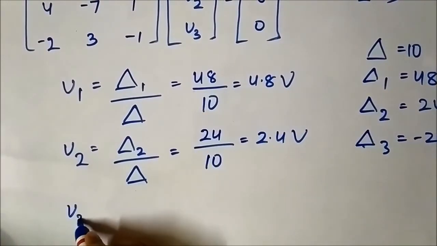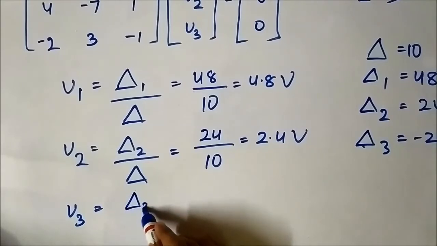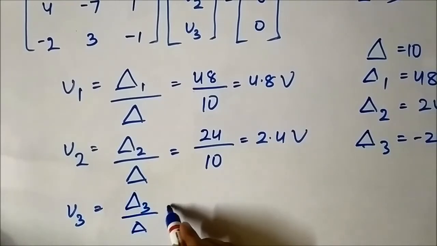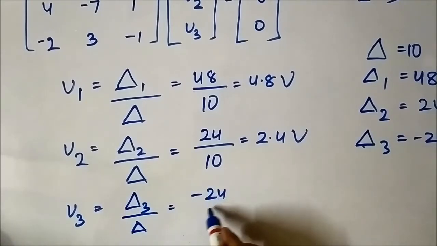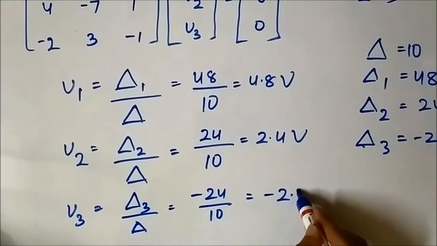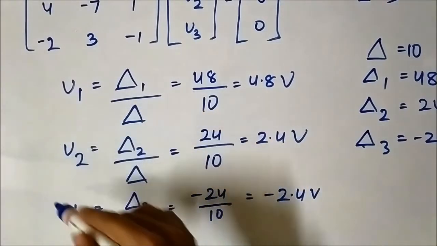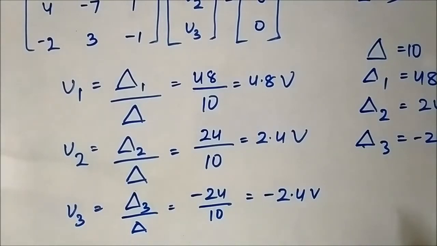V3 will be del subscript 3 by delta, which is minus 24 by 10, which is equal to minus 2.4 volts. So here we have calculated the values of V1, V2 and V3.